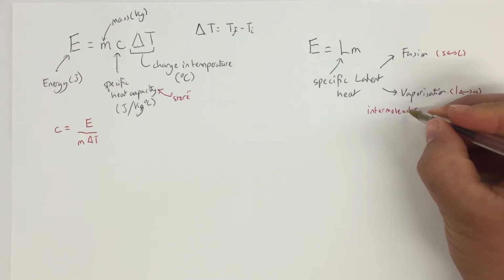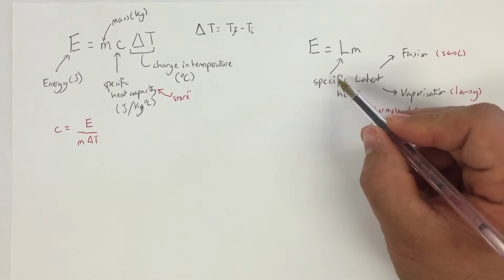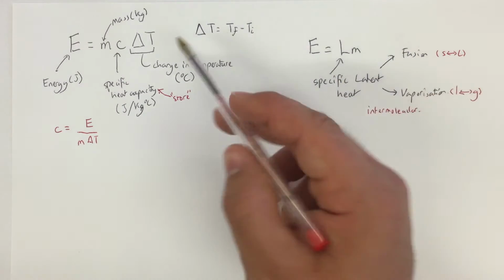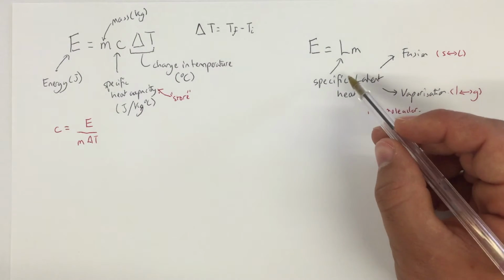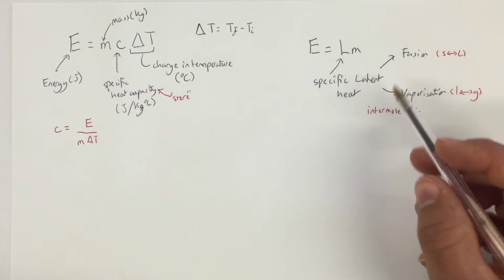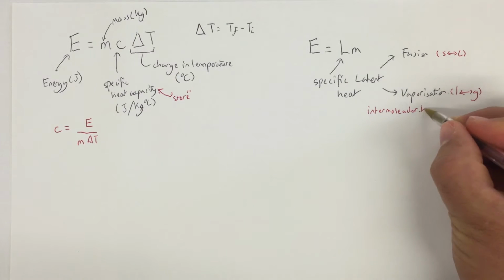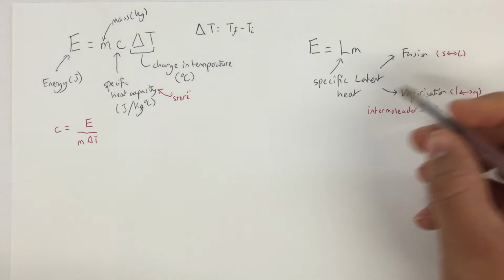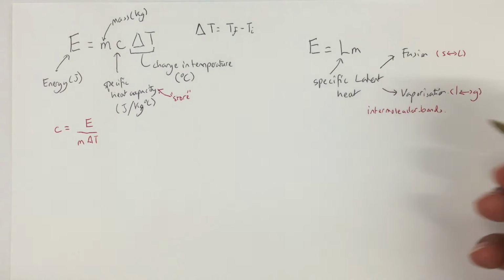So what happens when a material changes state is the temperature doesn't change. So unlike this equation where there is a change in temperature, when a material changes state, the temperature stays constant, and the reason is that energy is being used to break intermolecular bonds or make intermolecular bonds as it's changing state to go from a solid to a liquid or a liquid to a gas, etc.